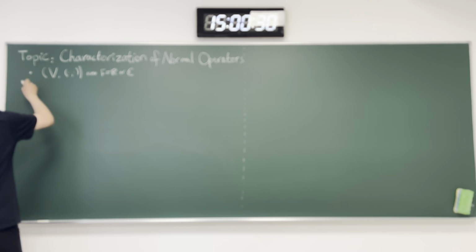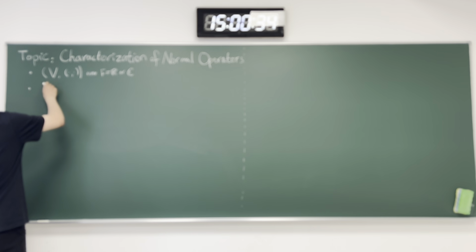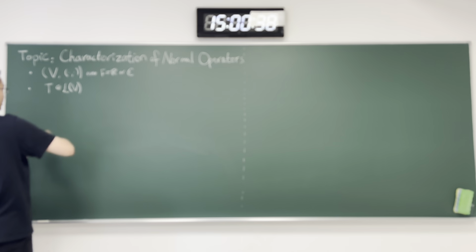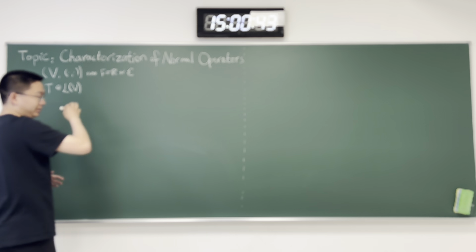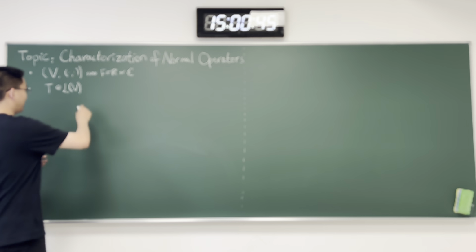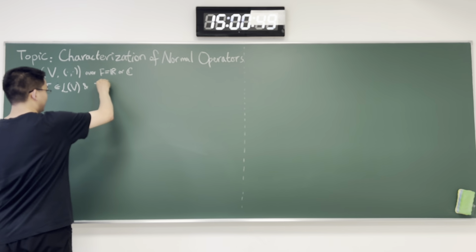And on this inner product space, we consider a linear transformation T. By the representation, it admits an adjoint map, which is denoted by T star.